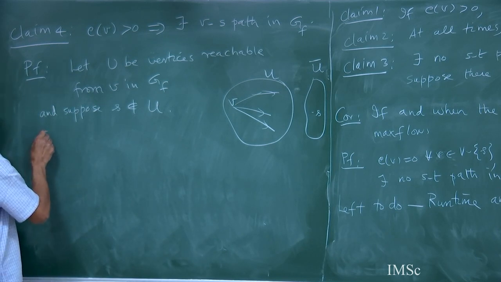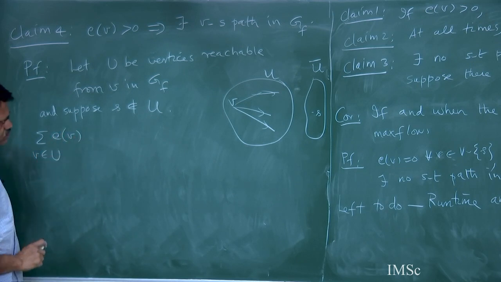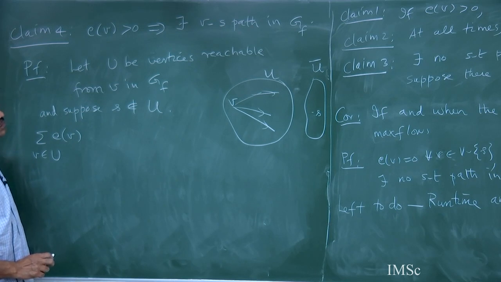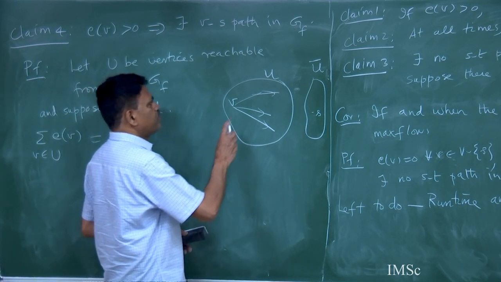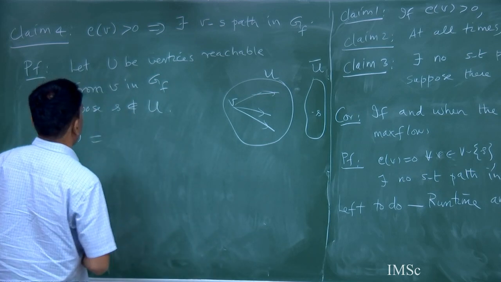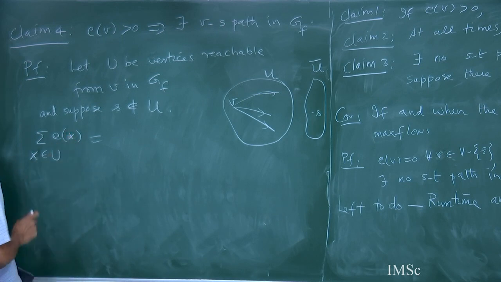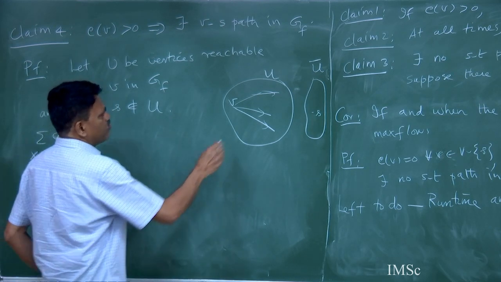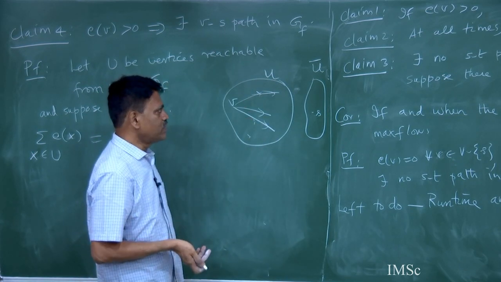Now, if I compute the summation of E_f(v), where v is in U, what is this? The excess is flow in minus flow out. So if I compute it for every vertex here, the sum of the excesses, what would it be?